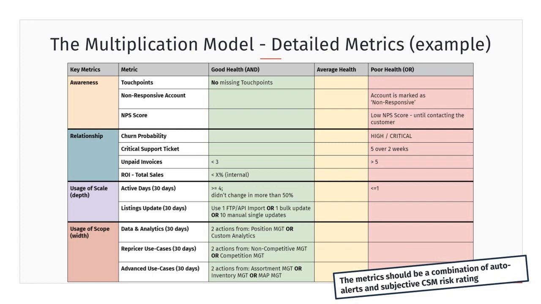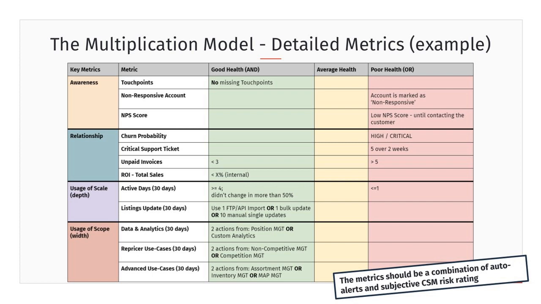But after a while, if the customer is missing a touch point, for us it's after 30 days, then we will mark them as average, and we will alert the CSM that, hey, this account is missing a touch point, you should try and contact the customer as soon as possible. And if after an additional 30 days we still didn't have a touch point with the customer, we mark the customer as a non-responsive account.